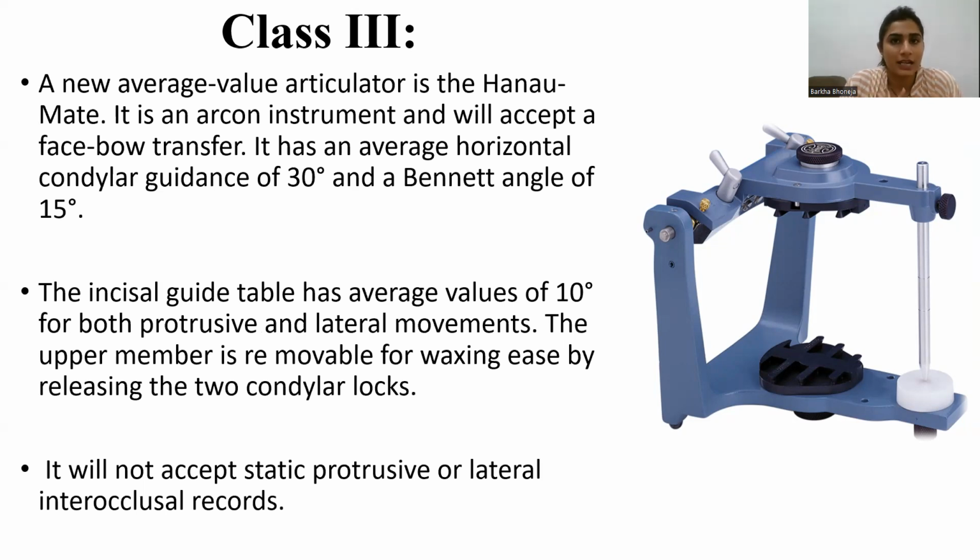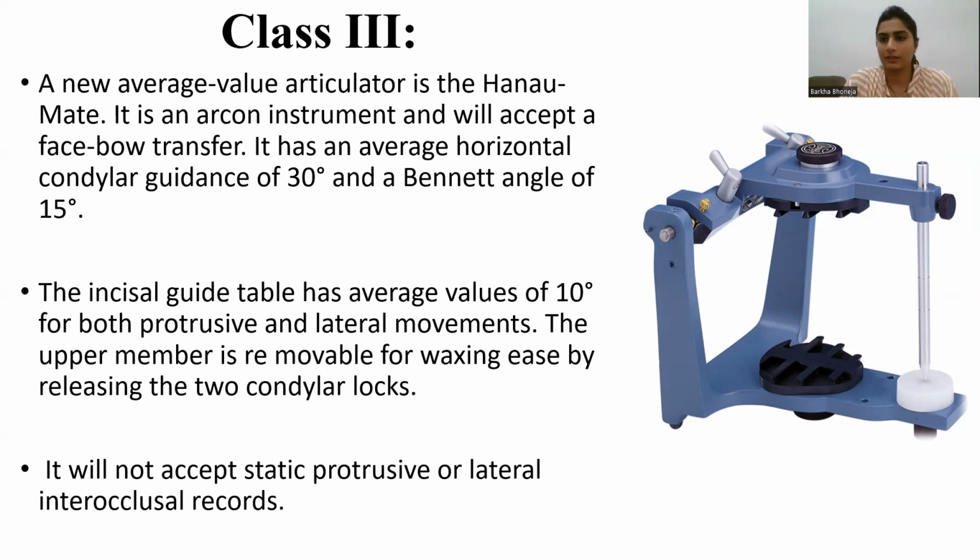Okay, so this is class 3 type A. Type 1 or type A articulator, where the recordings are based on the average horizontal condylar distance and a Bennett angle. The incisal guide table has an average value of 10 degrees for both protrusive and lateral movement. So the incisal guidance is already set. The upper member is removable for waxing easily by releasing the two condylar rods.